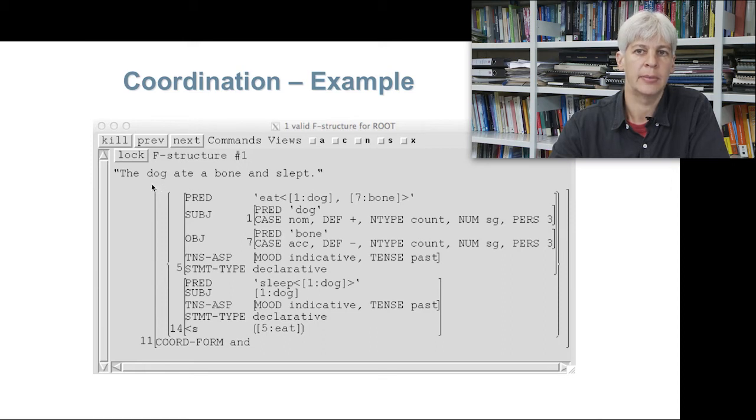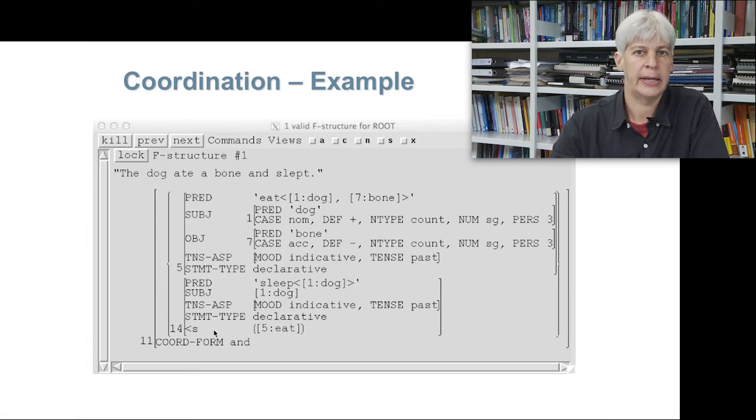So what the grammar does, what XLE does, is takes the information about the dog, puts it into the first conjunct, but then also distributes it into the second conjunct. Okay, this is generally what you do with coordinations, that the information that should be in both you distribute again over all the conjuncts for which it's relevant. Okay, so that's what's happening here.